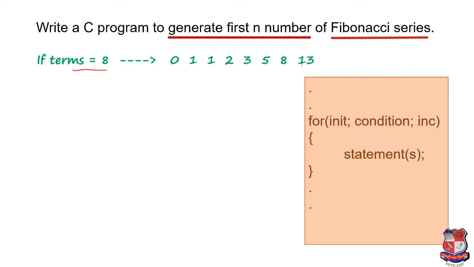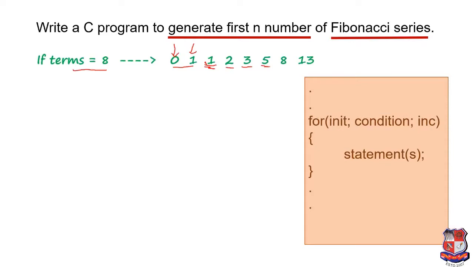Now the next question is, what is the Fibonacci series? The Fibonacci series is a series in which the first value and second value are fixed, and those are 0 and 1. The next value will be the summation of these two values, that is 0 plus 1. Then the next value is the summation of its last two values, that is 1 plus 1, which is 2. Now this number is the summation of its last two numbers, 1 plus 2.